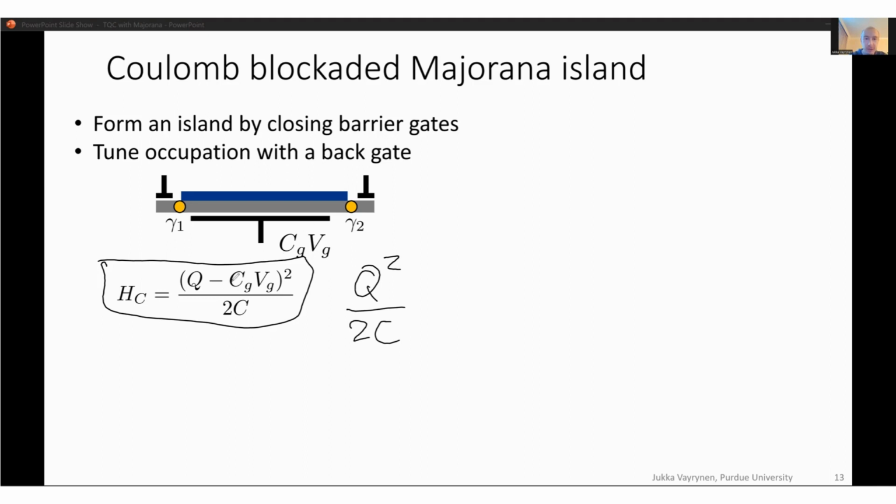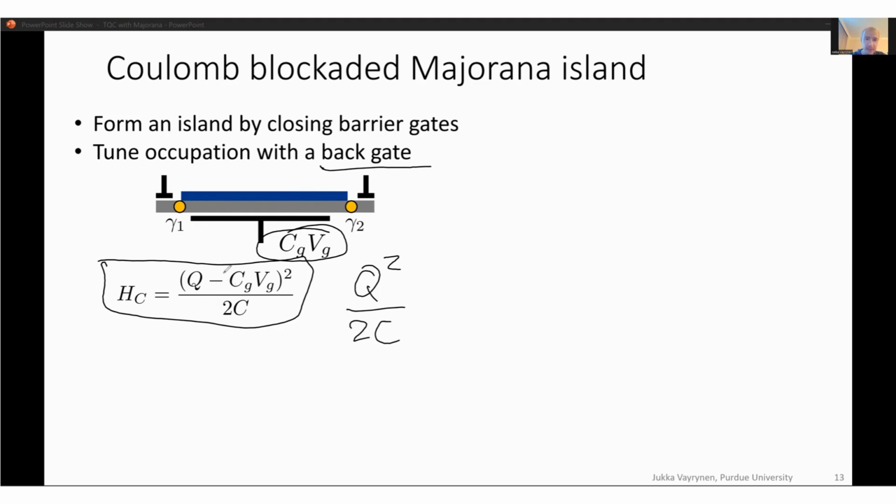Here I've put an additional ingredient, which is this backgate, where you have capacitance CG and a voltage VG relative to this semiconductor wire.